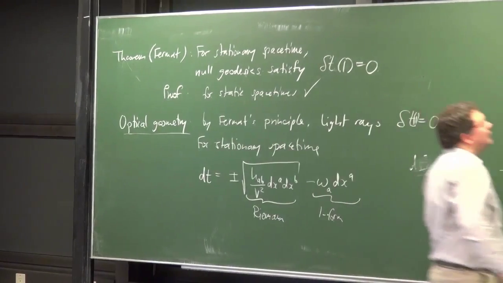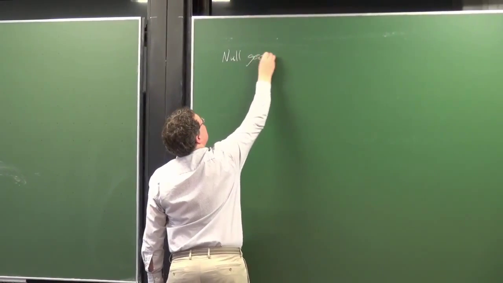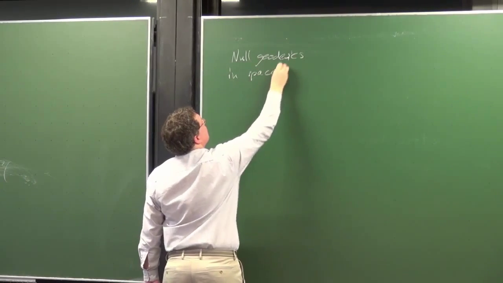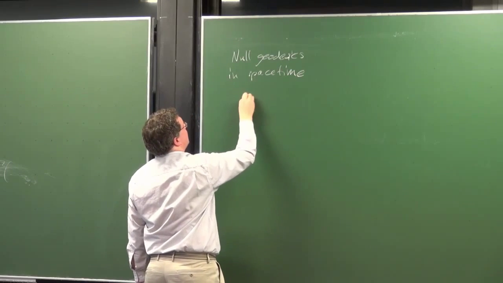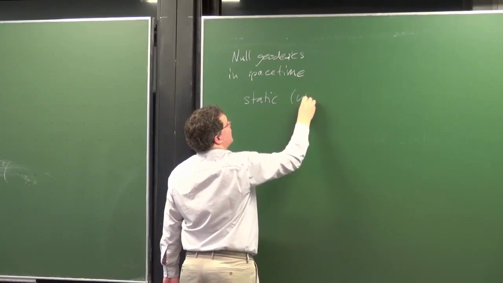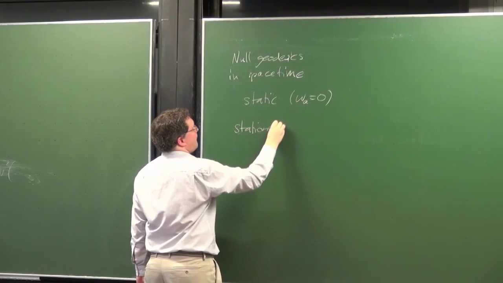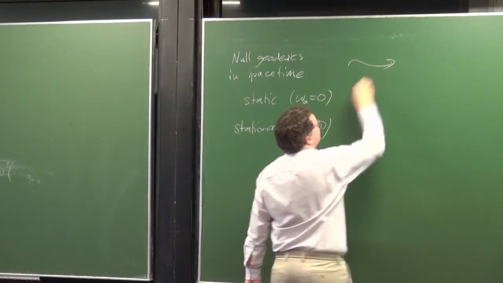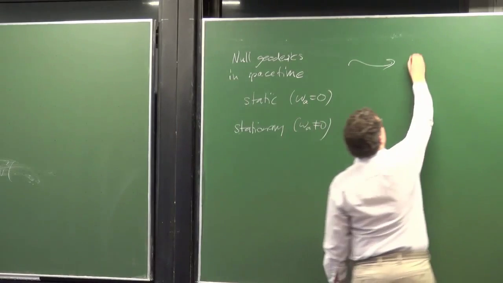So let me just summarize. We have null geodesics in spacetime. Let's suppose we have a static spacetime, where omega A is equal to 0. Or we can have a stationary spacetime, where omega A is non-zero. This corresponds, by Fermat's principle, to an optical geometry, the geometry of the spatial light rays.